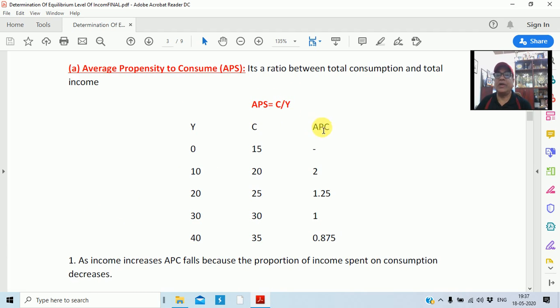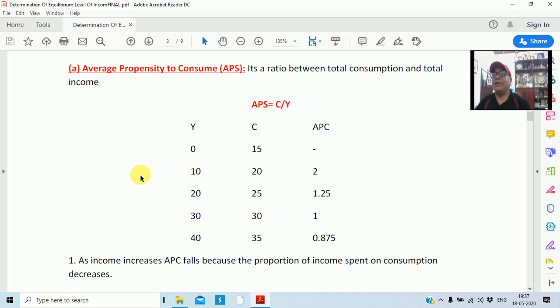How will you calculate? Same. APC is equal to C by Y. 20 by 10, 2. 25 by 20, 1.25. 30 by 30, 1. And 35 by 40, 0.875. This is how we calculate APC.